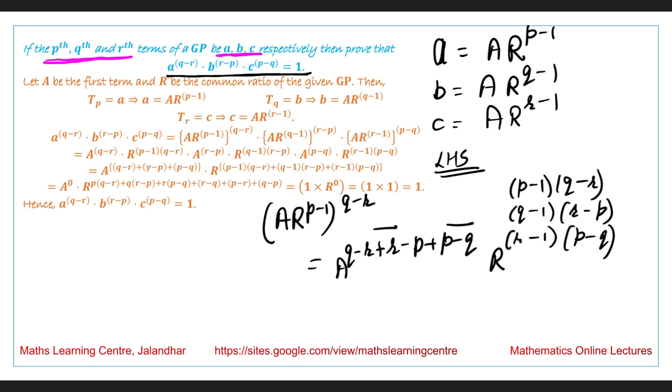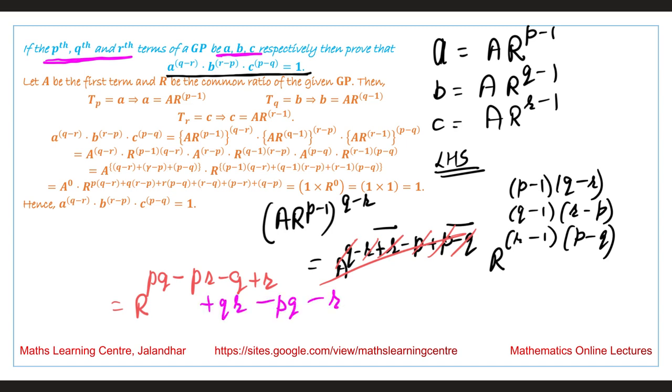Now look at these values over here, this q gets cancelled, p gets cancelled and r gets cancelled, so this a term is removed, and what we are left with is r raised to the power pq minus pr minus q plus r. Then the next term we have is plus qr minus pq minus r plus p, and the last term we obtain is plus rp minus rq minus p plus q.